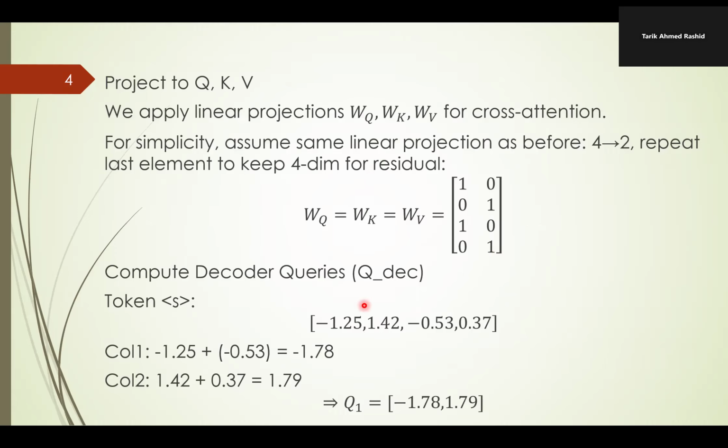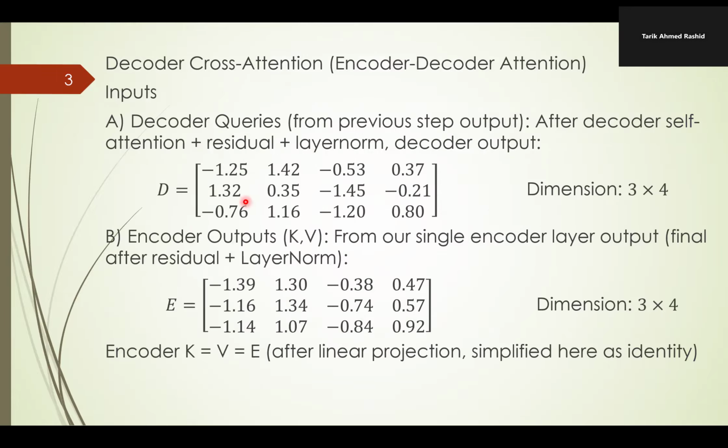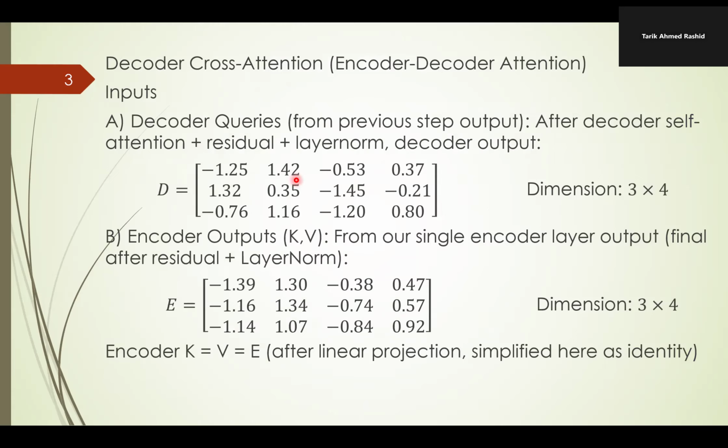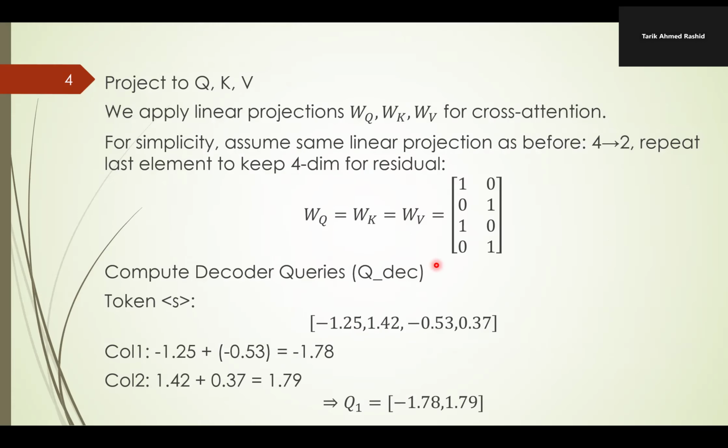For the first column, we have minus 1.25 multiplied by 1, as it is, and 1.42 multiplied by 0, so we get nothing, and then minus 0.53 multiplied by 1, we get as it is, and 0.37 multiplied by 0. So this is for column 1. Likewise, for column 2, we will get these two values. So that's Q1, the first row of Q.